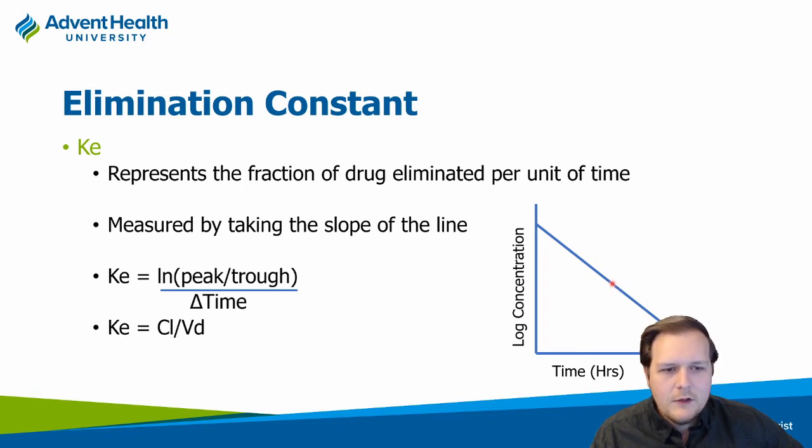You could take two values here, the peak and a trough as we'll call it, so the peak being a high level and the trough being the lowest level we're measuring, and then divide that by the change in time, right? So the change in the y-axis divided by the change in the x-axis. And notice here we're using the natural log because, again, we're going into first order kinetics. And so that's how we calculate that, right?